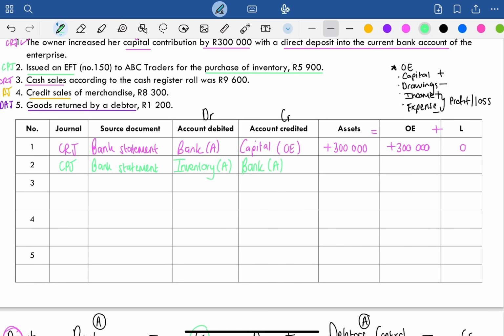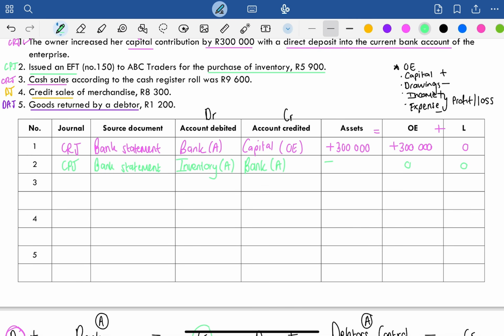Bank is also an asset, which means I'm only going to use my asset column, as I cannot put something in owner's equity and liabilities if there's no account debit or credit of that type. So when I'm working with two assets, in this case, I'm paying money, so my money will become less, but the inventory I'm buying is becoming more.